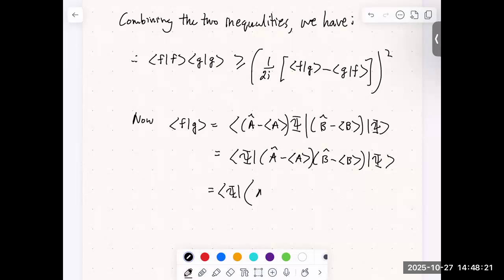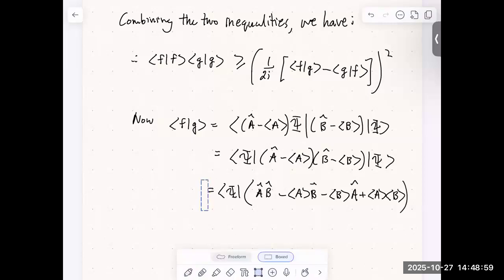It's A hat, B hat. Okay, and then we have minus expectation value of A, just some number, times operator B hat. And then we have, let's see, minus expectation value of B, A hat. And then what do we have? Minus and minus is a plus, so expectation value of A times expectation value of B with a plus. And I need to move this over.